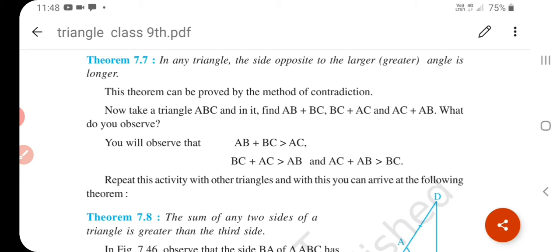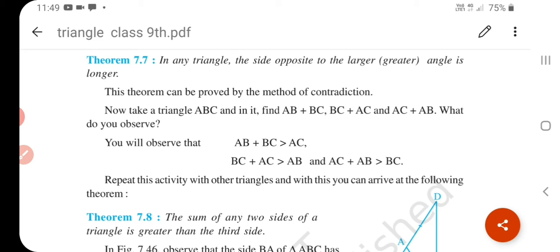Okay, understand? If the bisector of a vertical angle of a triangle bisects the base, then the triangle is an isosceles triangle. Okay, understand? The medians of an equilateral triangle are equal. If two sides of a triangle are unequal, then the longer side has the greater angle opposite to it.